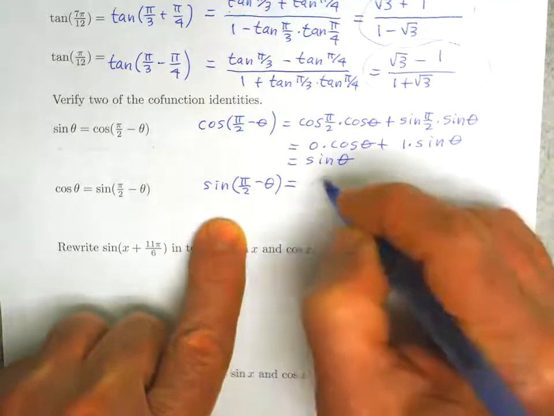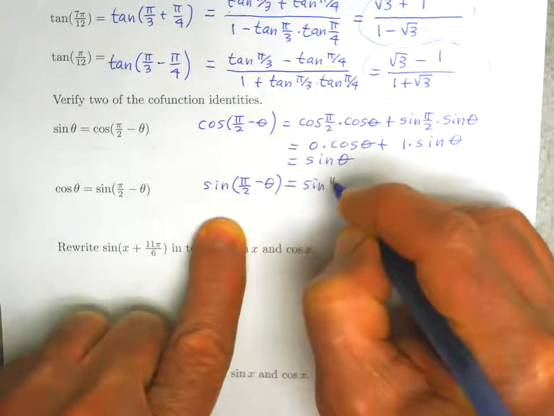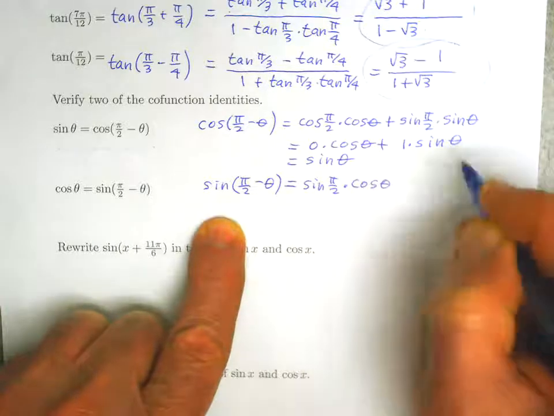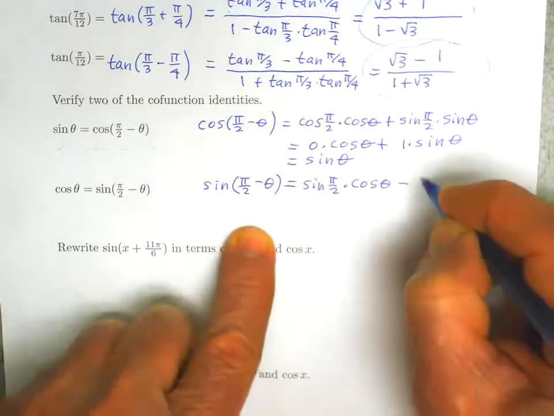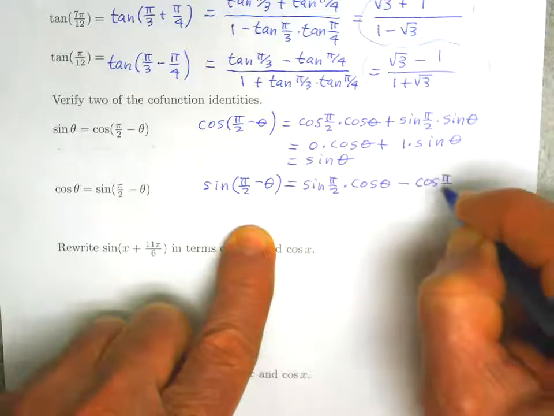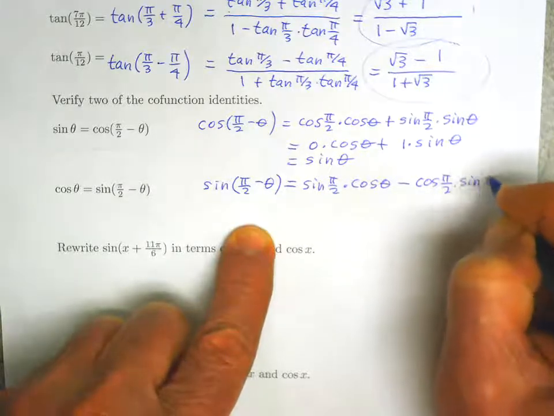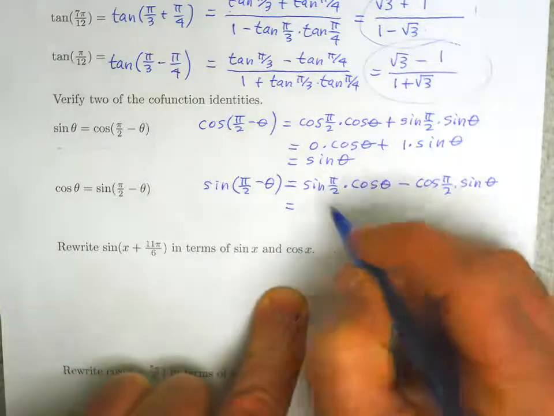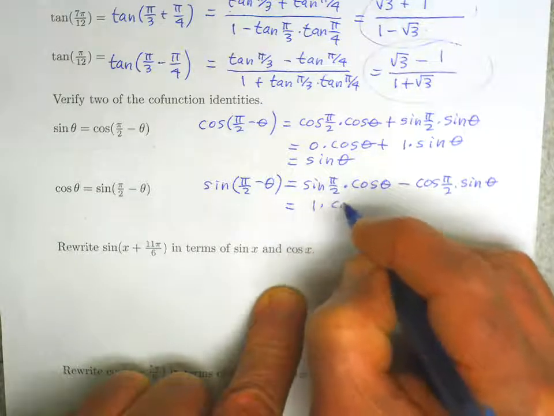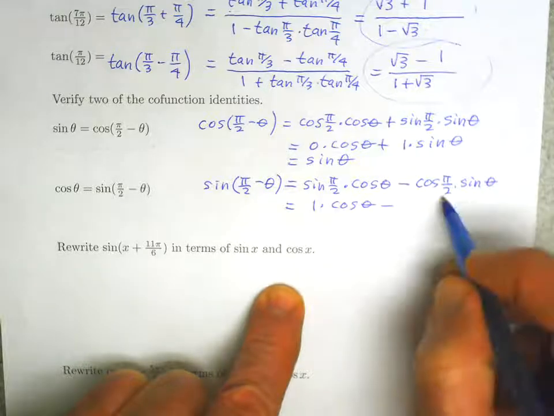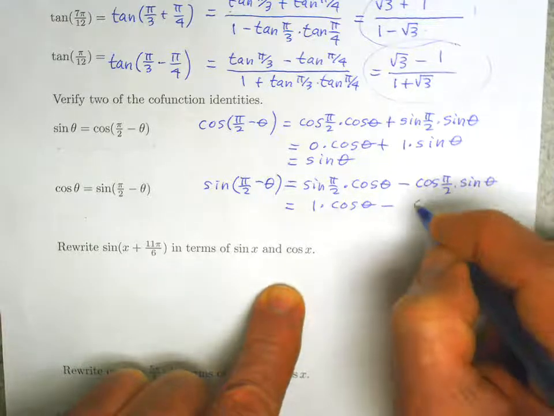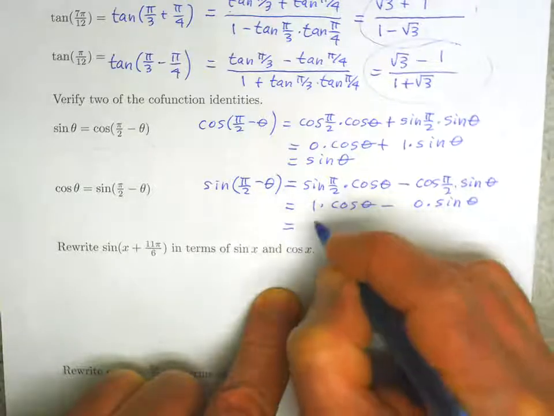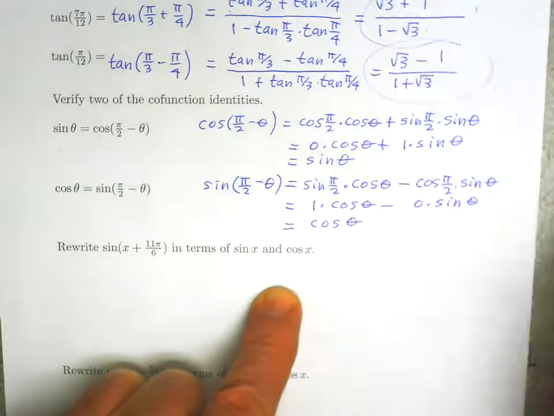So this one we have sine of pi over 2 times cosine of theta, and then minus cosine of pi over 2 times sine of theta. Sine of pi over 2 is 1, so we have 1 times cosine theta. Cosine of pi over 2 is 0, so minus 0 times sine of theta. And sure enough, we get cosine of theta.